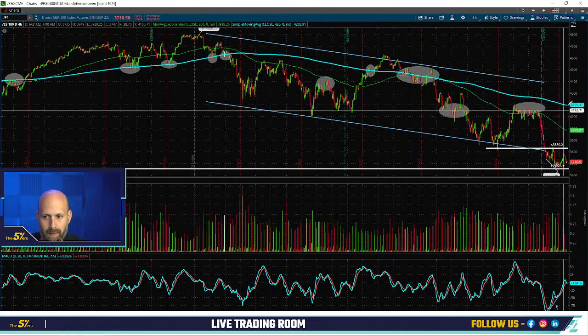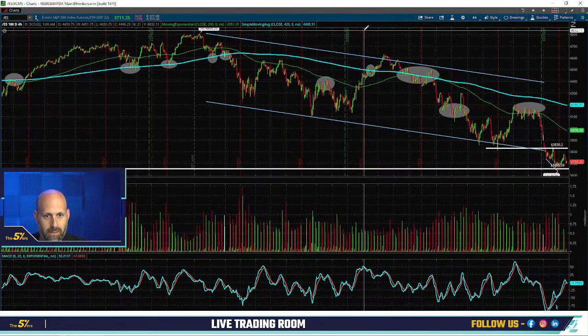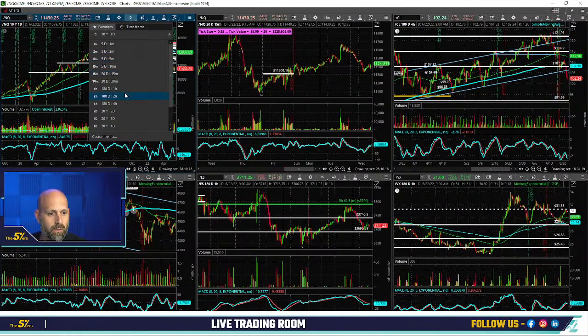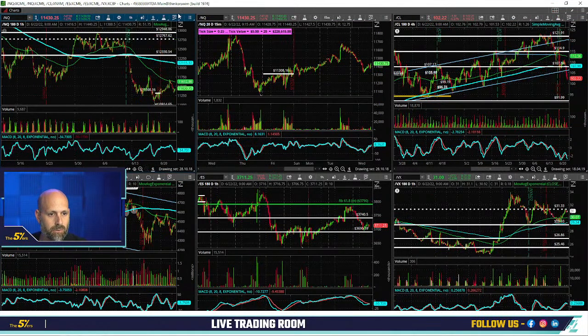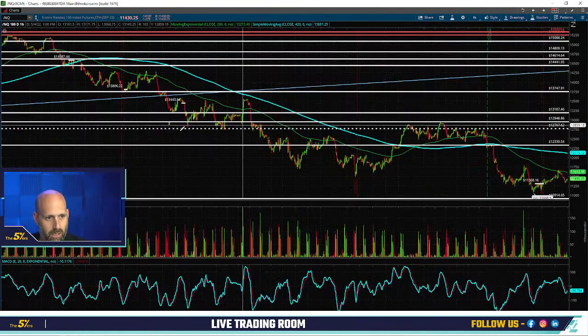But at the end, when we get back to it one day, it should act as resistance, so you can definitely watch it. This is a great tool that I recommend to put on the chart.